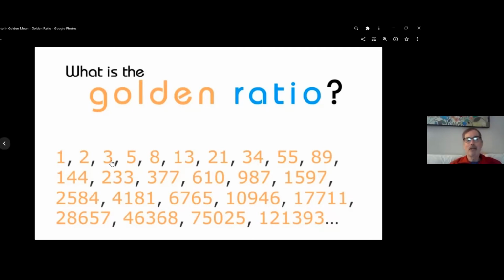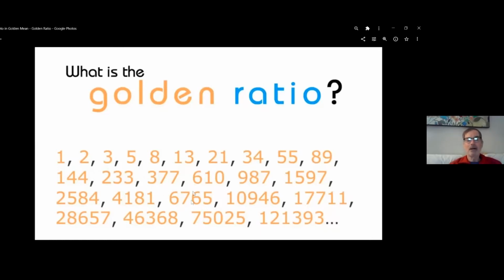If you take any 2 numbers in the sequence, let's start with 3 plus 5, what's that equal? 8, the next one in the sequence. Take 8 and 13, add them together, you get 21. You come down here, 46,000 plus 75,000 comes out exactly 121,000. So this goes on forever.